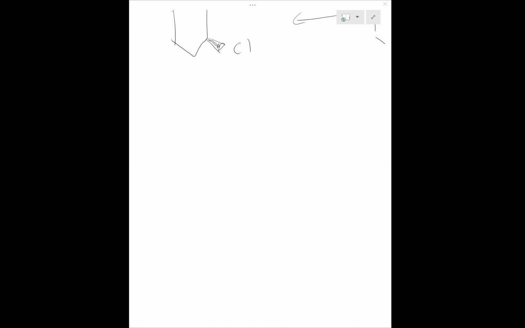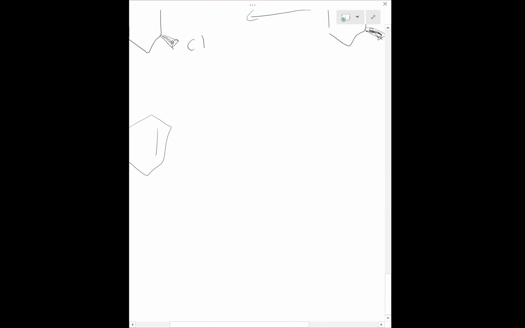So a carbene looks like this. You start with your alkene, and now you treat it with something called diazomethane, which looks like this, CH2N2.